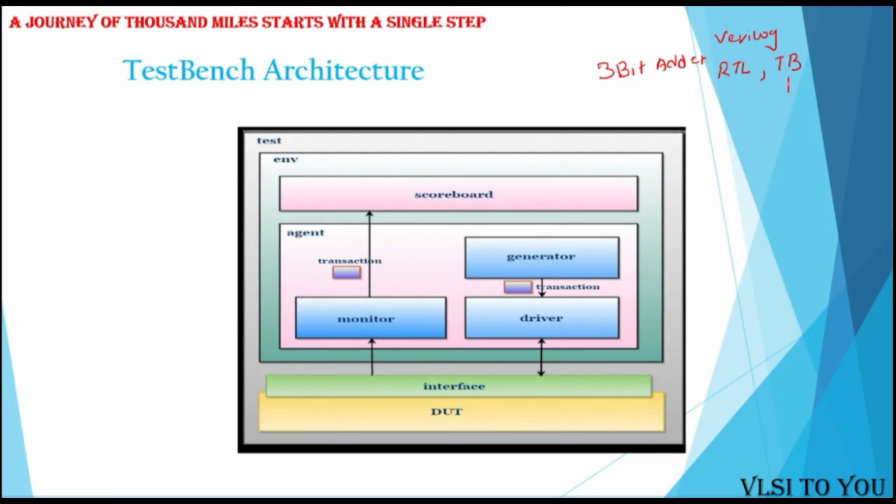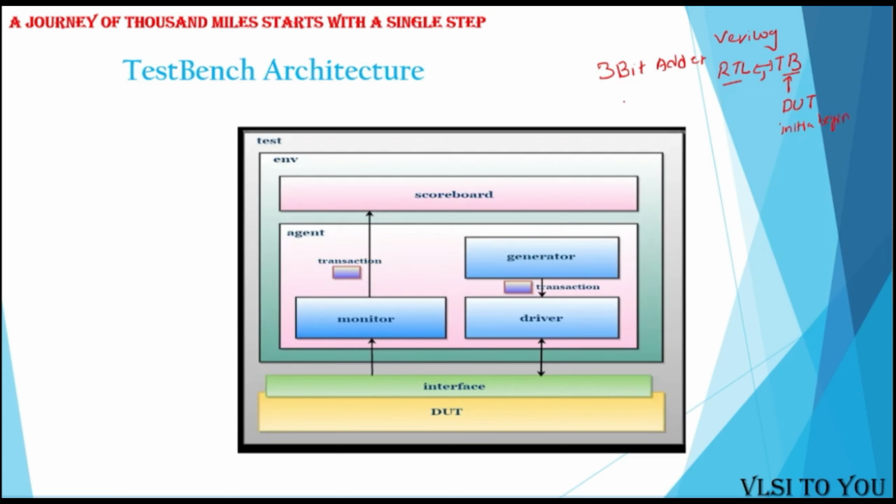In the Verilog testbench, what are the things that you will do? You will first instantiate the RTL in the TB. With dot instantiation, you will connect these two, the RTL and TB environments. After that, you will pass the values within initial begin.